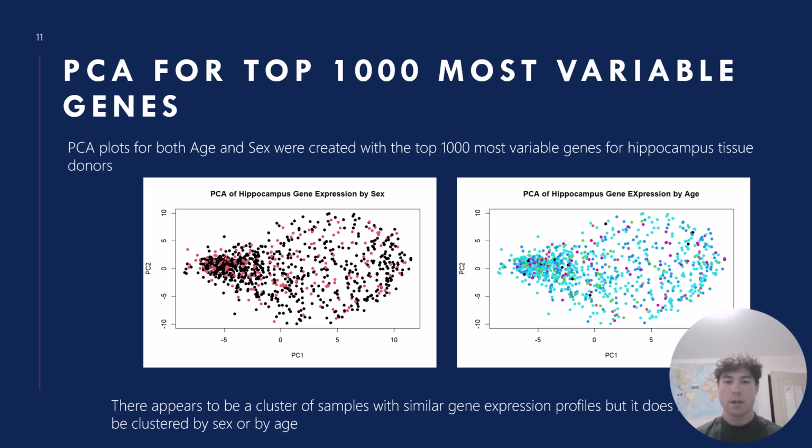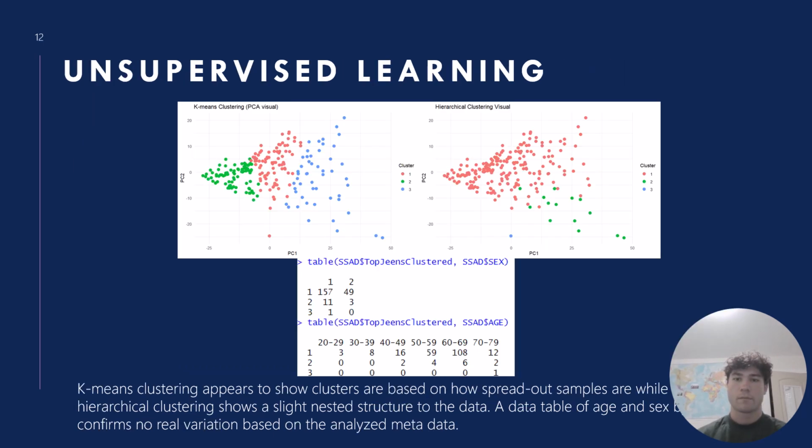So next I ran PCA for the top 1,000 most variable genes, and you can see a little cluster of similar gene expression profiles, but I also color coded the plots by sex and by age, and neither of those two factors really seem to be contributing to that cluster at all. Continuing on, I also ran k-means and hierarchical clustering in groups of three. The clusters in k-means just appear to go along with the spread of variability, grouping together like a gradient almost, so not really showing too much there.